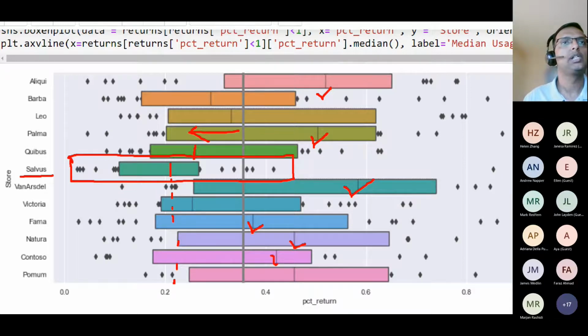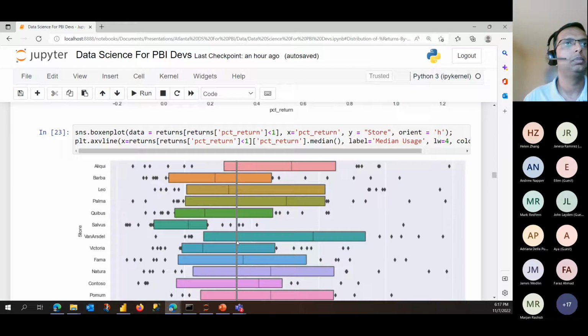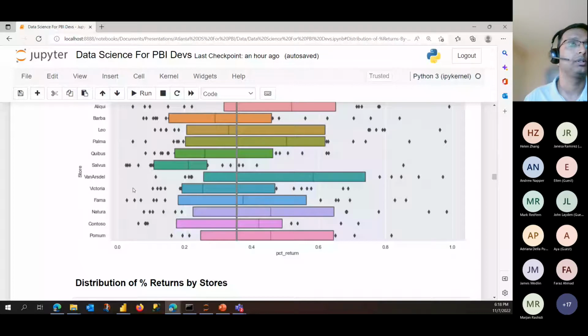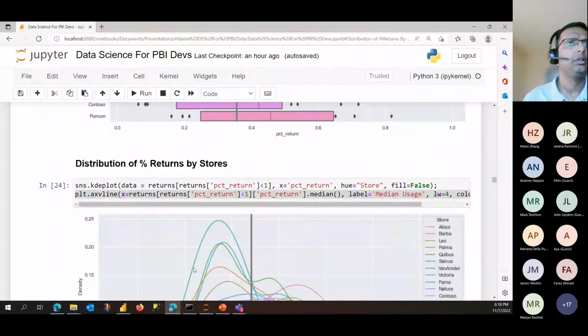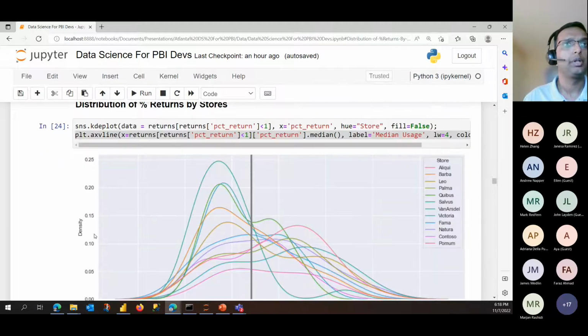So that could potentially explain that maybe we have two different types of stores, one that has the overall median, the average, that is very, very high and then very, very low. That's one possible explanation. Now let's dig slightly more deeply into it.